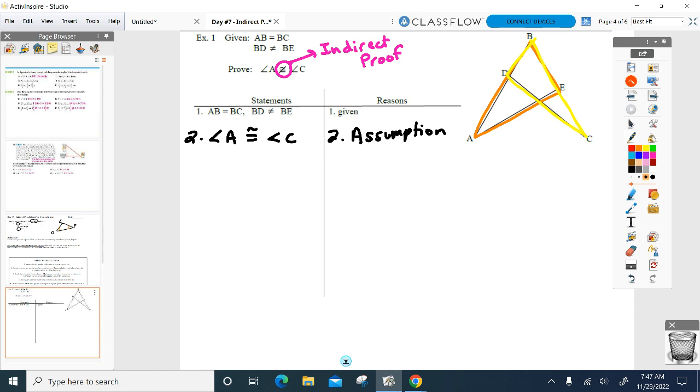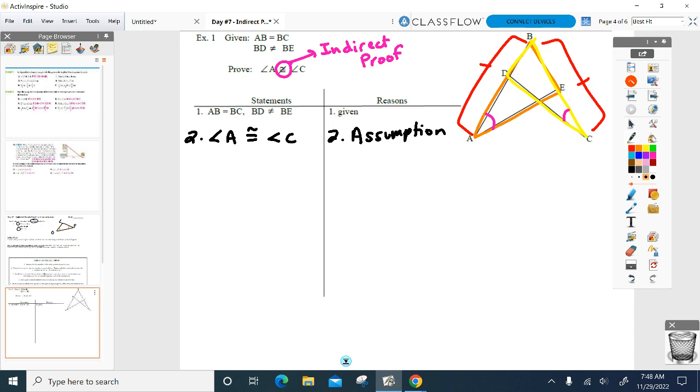Our assumption said A is congruent to C. Also in the givens, what did we know? AB and BC are equal. See those 2 sides? AB, BC are equal. Can you guys get those 2 triangles congruent for me?